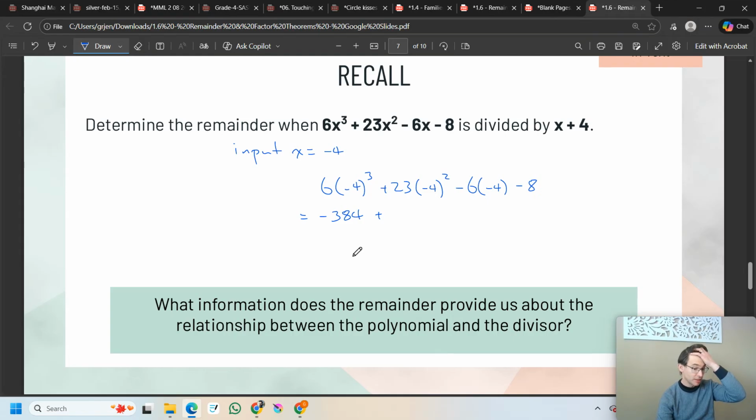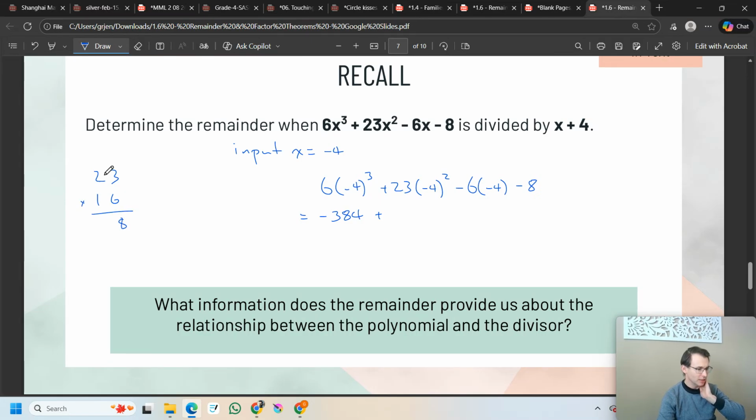23 times 16, but that's positive, so we're going to be plus. 23 times 16, I think there's actually ways to do this with factoring that's easier, but I'm going to lose people. So 23 times 16, you can just do it in columns if you want. This is one way.